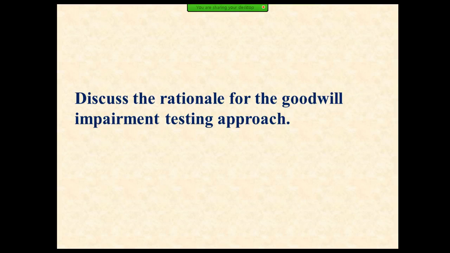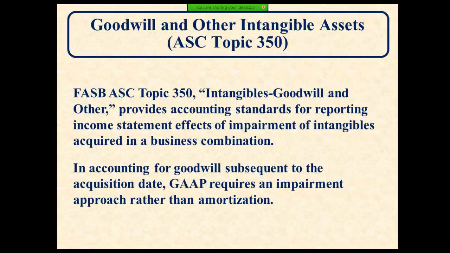Now, Goodwill does not get amortized, but we're going to have to test Goodwill annually for potential impairment. This is required. So as we talk about Goodwill, the key here is that we don't want to overstate our goodwill if in fact there's a reason that it's been impaired, and we'll need to write it down in that period of impairment.